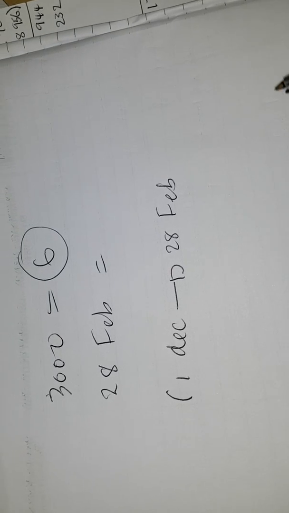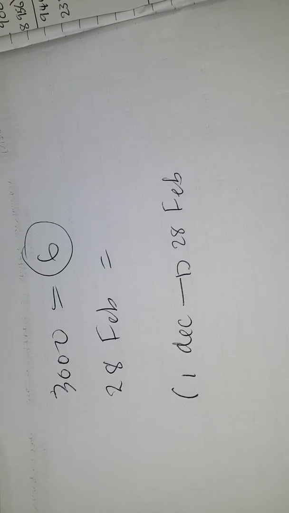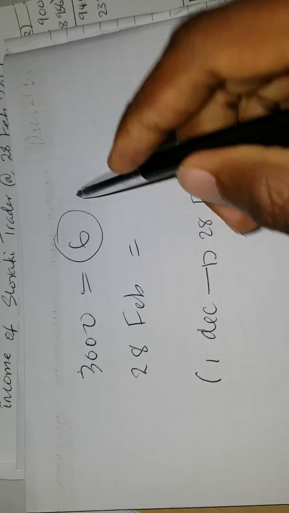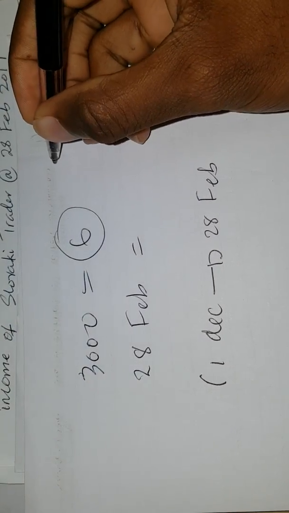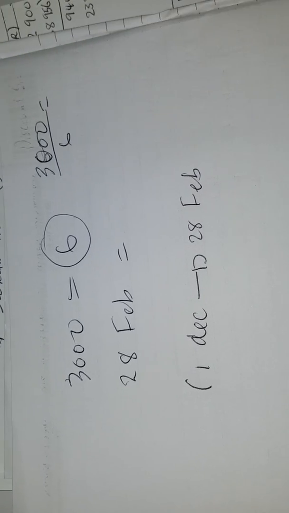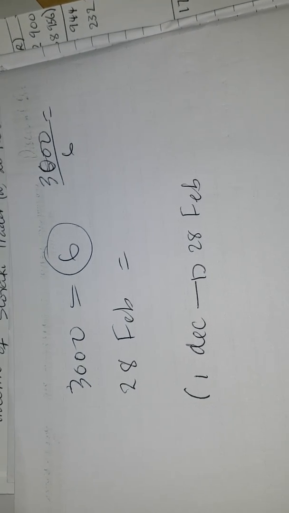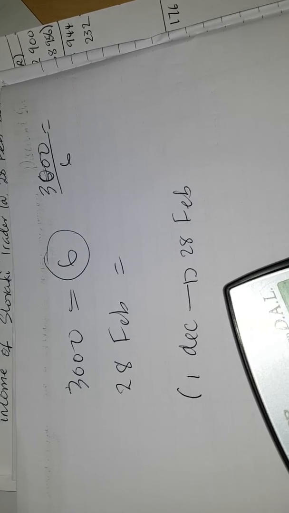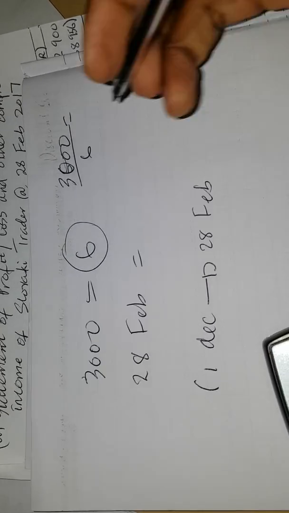No. So we'll calculate. Okay, if they paid 3,000 for 6 months, how much were they paying per month? So we'll say 3,000 divided by 6 is equal to 500. So it means per month they were paying 500.